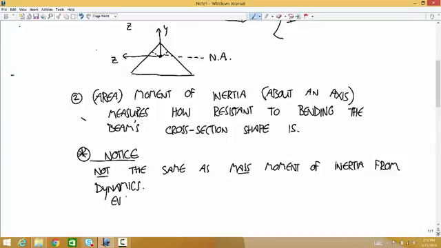Even though they're both denoted capital I sub A, so that's a nuisance.